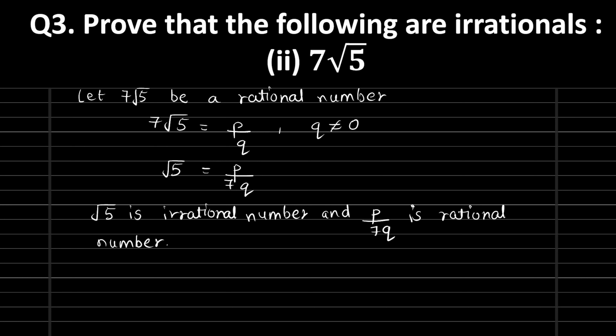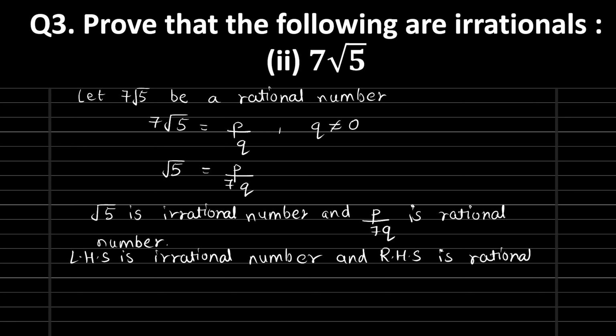So what did we get? The left hand side is an irrational number, and the right hand side is a rational number. Now we know that a rational number cannot be equal to an irrational number.